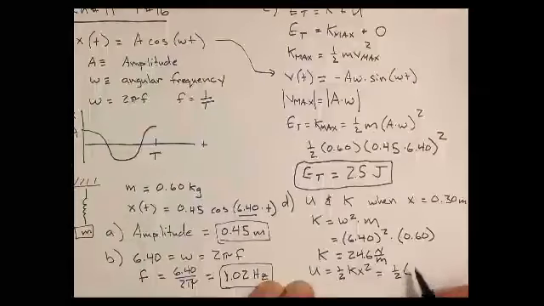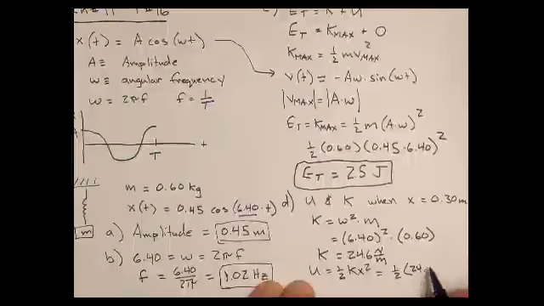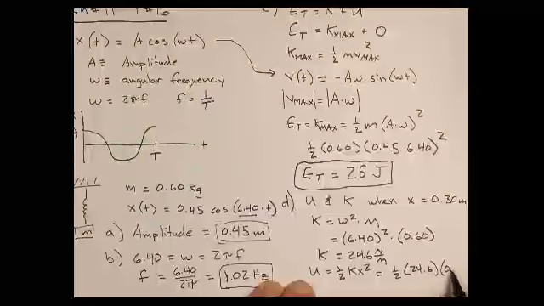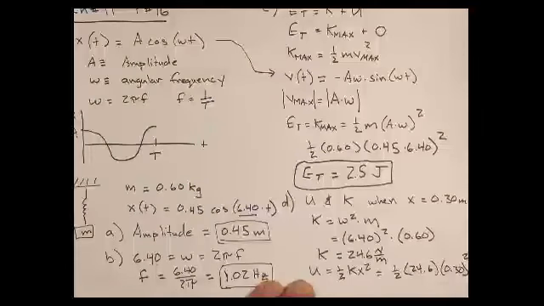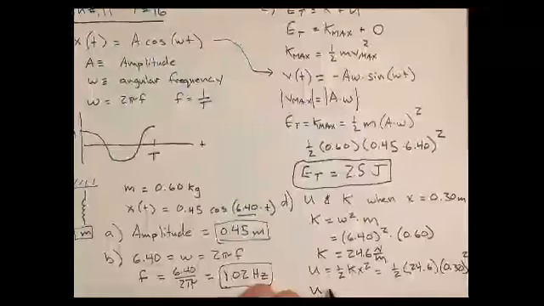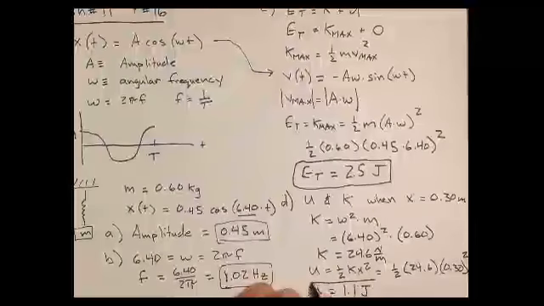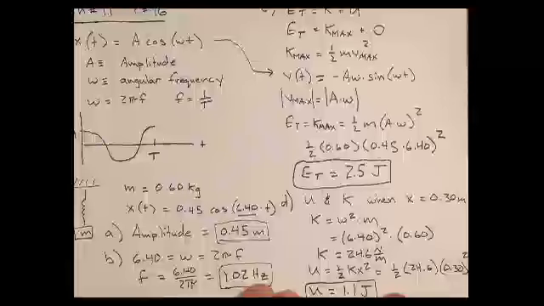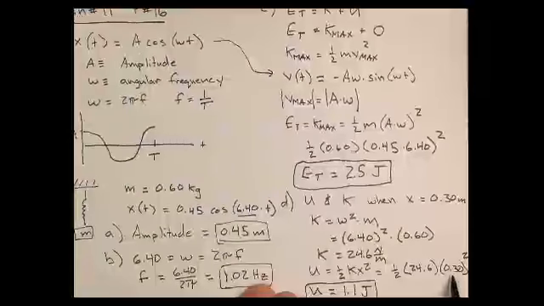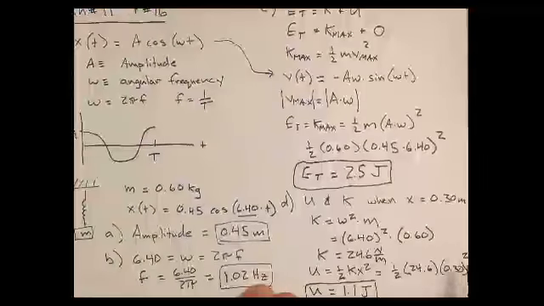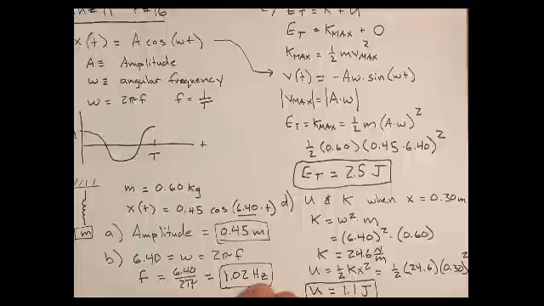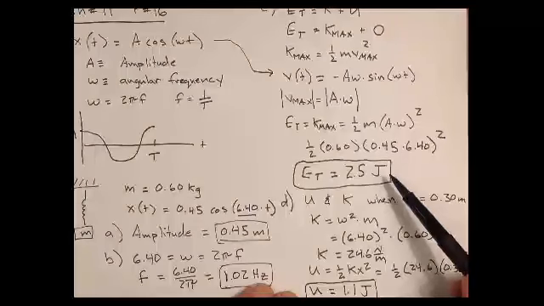I could then find my potential energy by plugging in 1/2 k x squared, which would be 1/2 times 24.6 times 0.30 squared, and I would get a potential energy of 1.1 joules when I am 0.30 meters away from equilibrium. Well, how do I get my kinetic energy?